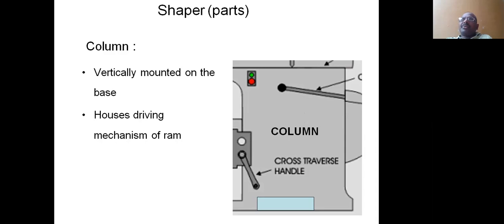The internal space of this column is used to arrange the driving mechanism and power source required for the shaper. In a similar way, the hollow space provided within the base is used as a reservoir for lubricating oil. So that's why this column carries the driving mechanism of the ram.